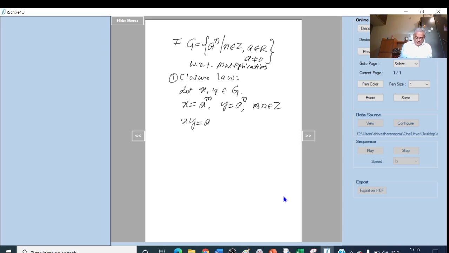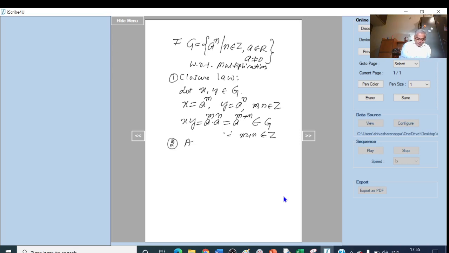This is equal to a to the power m into a to the power n, which is equal to a to the power m plus n. We write this belongs to G because m plus n belongs to Z, it is an integer. So closure law is satisfied.